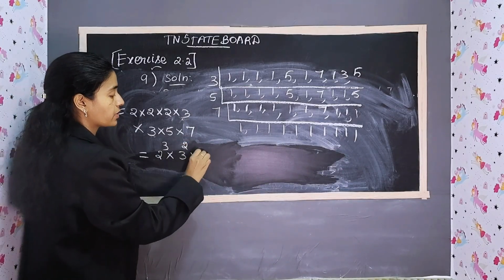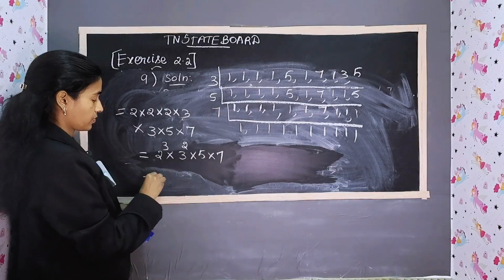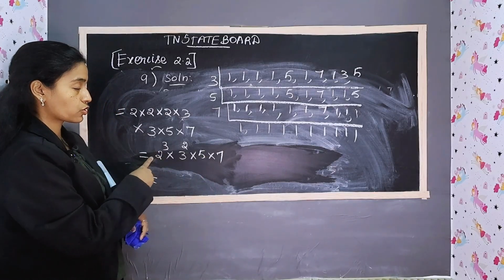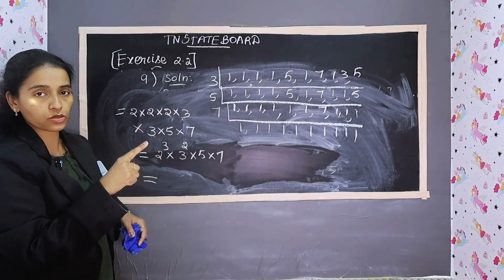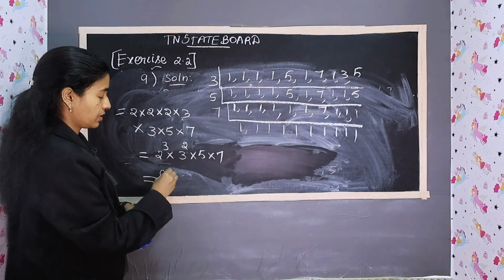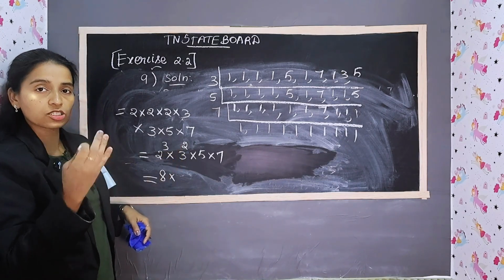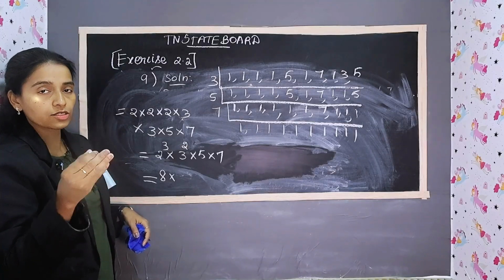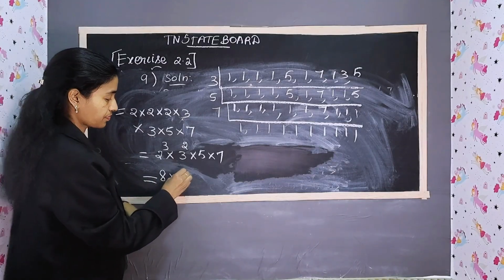And 5 into 7. 2 power 3 means 2 into 2 into 2. 2 2s are 4. 4 2s are 8. And then 3 power 2 means 3 into 3, that is 9.